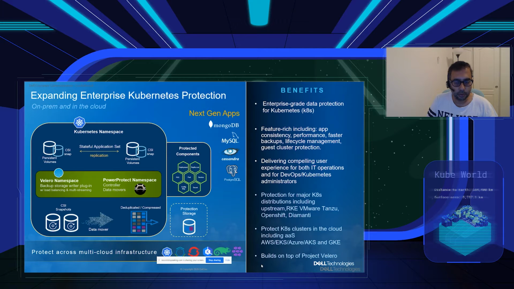Now, in addition to the data itself, you also need to protect additional metadata components, and these can be deployments, replica sets, services, config maps, all the typical Kubernetes components. And I'll go into more detail in a couple of slides.